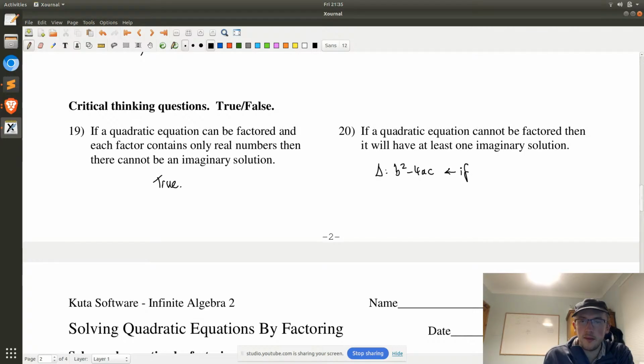If this is not, wait, am I even understanding this correct? You can't factorize the quadratic that I'm giving you, and therefore it has at least one imaginary solution.